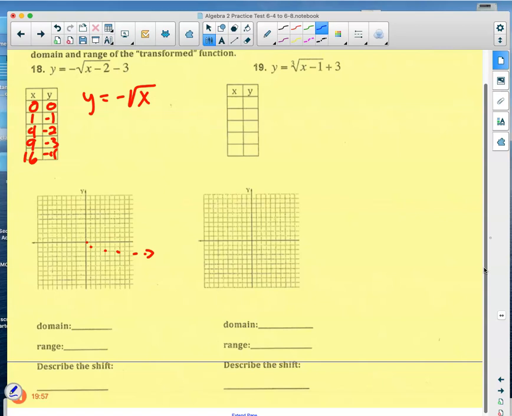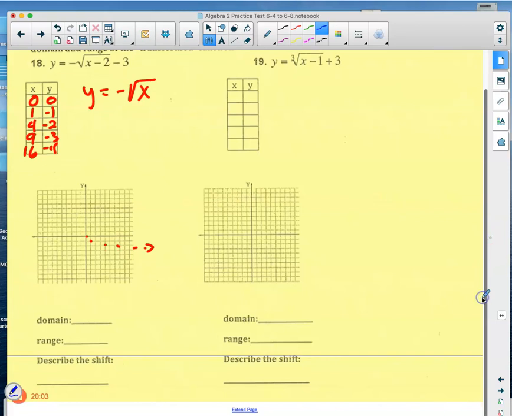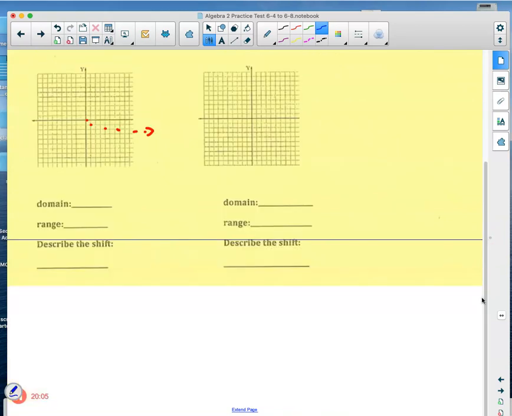What's this doing? 3 down. So down here where it says describe the shift, 2 right, 3 down. And then we can go do our counting.